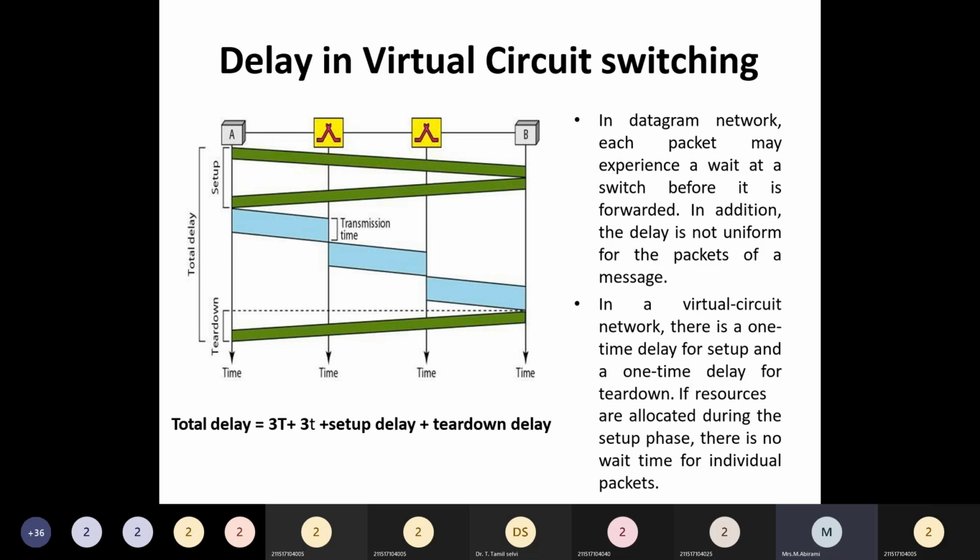So the delay is not uniform for the packets of a message. So each network has to be decided. So how to calculate this delay time? So the total delay is the propagation time and waiting time, and then the setup delay plus the tear down delay are added to give the total delay time.